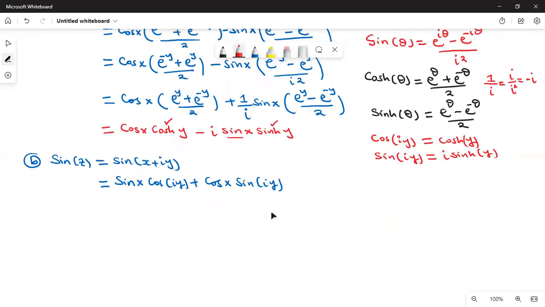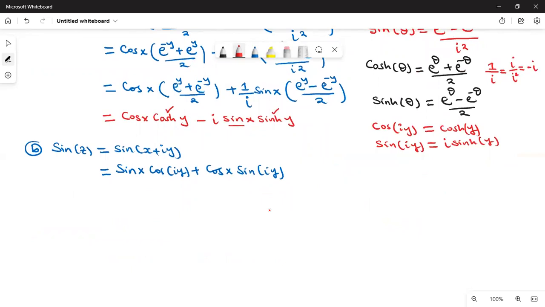So that when I come to part B, because already I've shown you how to apply those identities, what you are going to get here is sine x instead of cosine of iota y, that's the same as hyperbolic cosine of y. Then remember this is negative, so this will be negative.